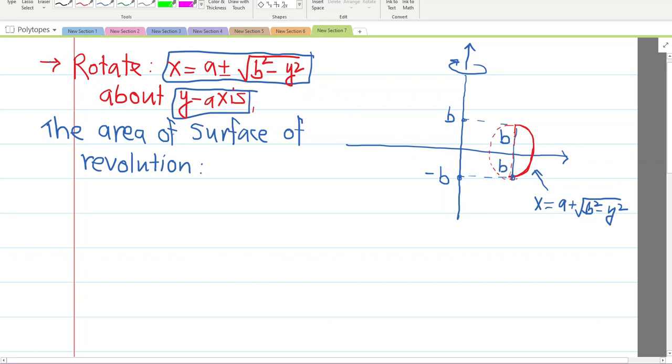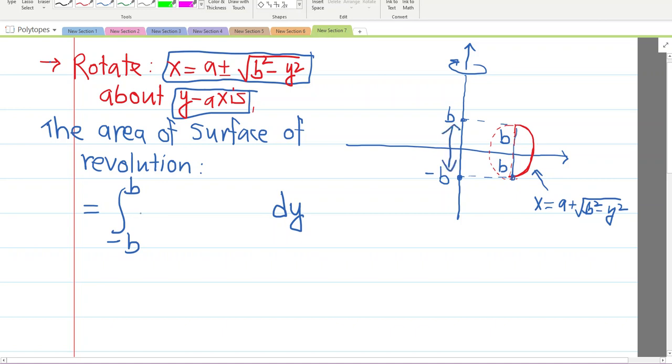Then the area of the resulting surface using calc 1 is a definite integral with respect to the variable y. So we need to put the y. We go from negative b to positive b, along the y-axis.